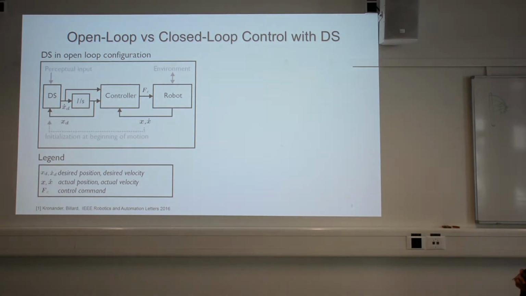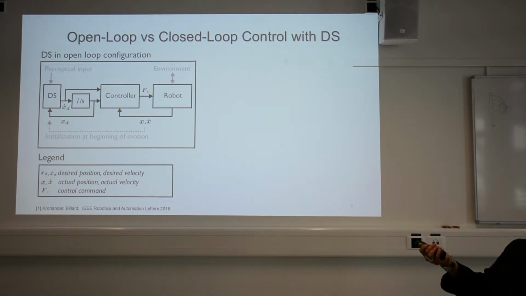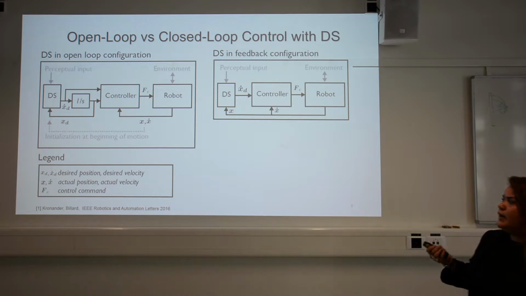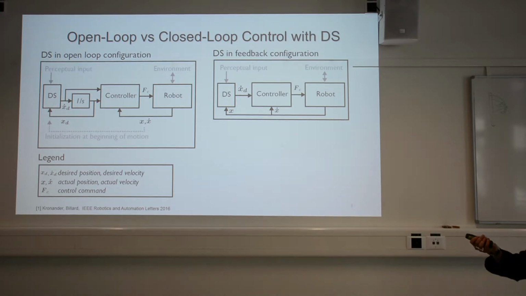First I'll begin by making a differentiation between using a dynamical system as a motion generator in open loop versus using it in closed loop, as we can see in the control loops here. When we use it in open loop, we basically just initialize the dynamical system, let's say at the onset of motion.